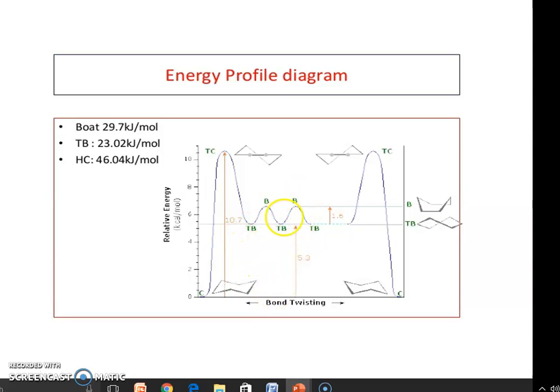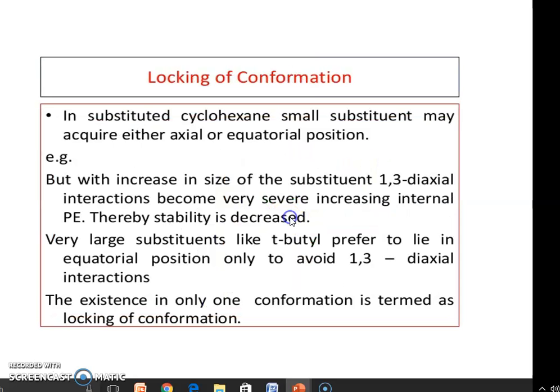On the more stable side is the chair conformation, and on the less stable side is the half chair conformation. In between we have the two, twist boat as well as boat conformation. This is how you can show it by the energy profile diagram.